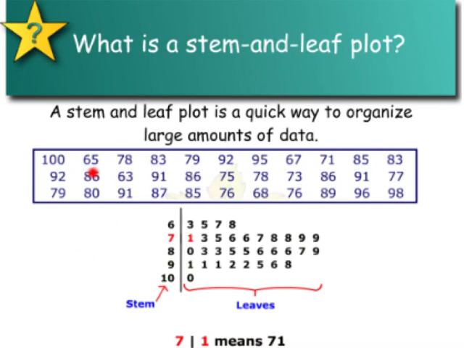So you take the first digit and put it on the stem side, and then you take the second digit and list those out. So you've got 63, 65, 67, 68, and then 71. So 7 being the stem and 1 being the leaf means 71. That's how that works.